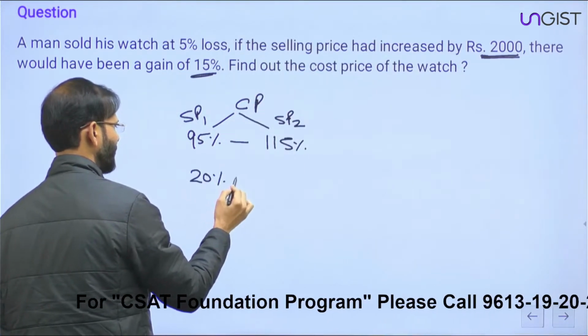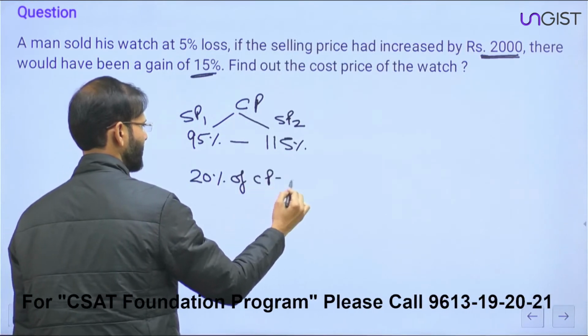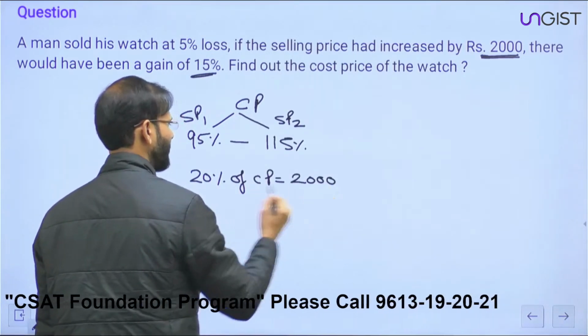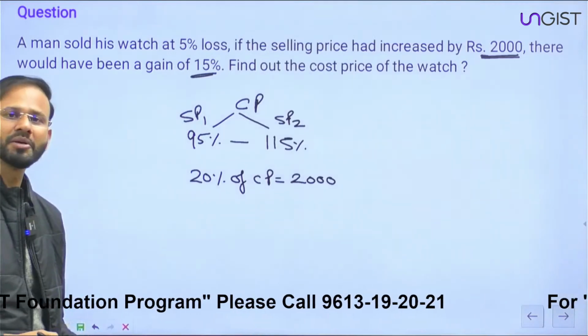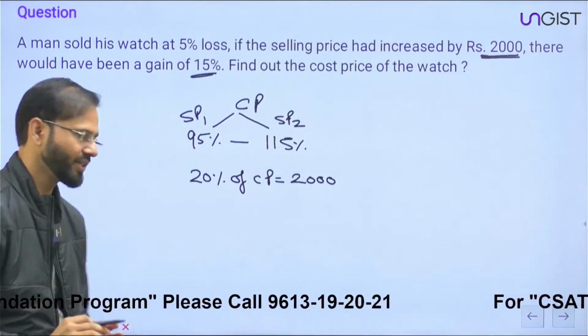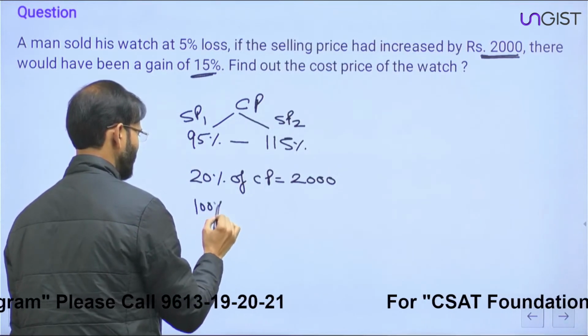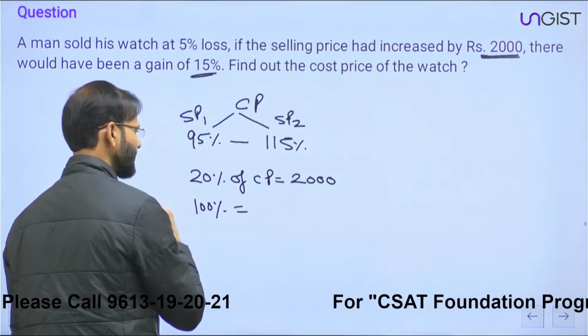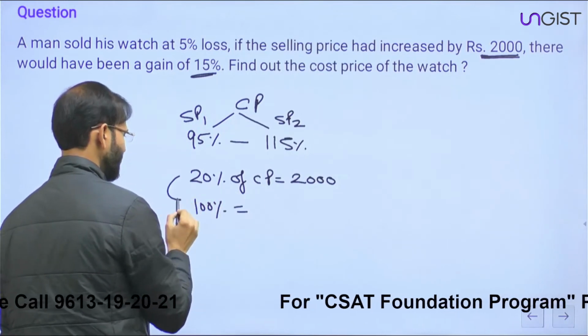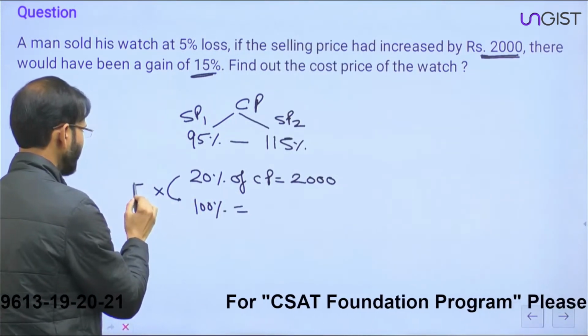So 20% of CP is equal to 2,000 rupees, right? So 20% is equal to 2,000, then 100% is equal to what, right? So 20% is equal to 2,000, then 100% is equal to what? Right, guys? So 100% is equal to, see, this is 5 times of this, right, everyone?